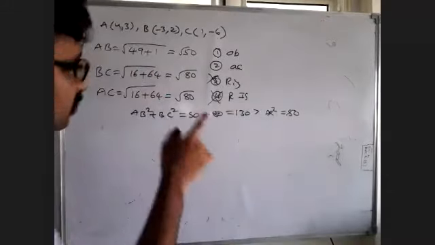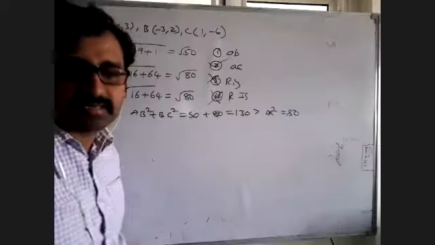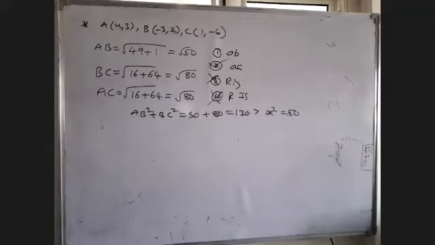So AB square plus BC square greater than AC square means acute. Acute angle triangle is the correct option.